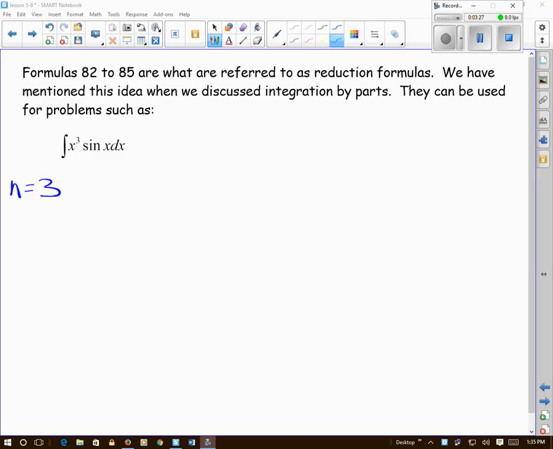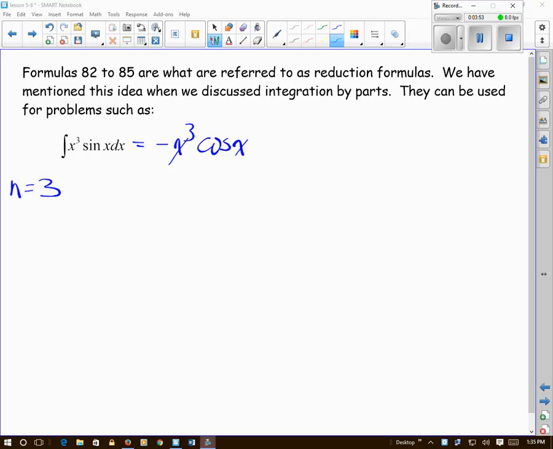So n is 3. So this integral, according to the table then, is negative x to the third, cosine of x. I jumped to the wrong formula. Don't let your eyes wander to the wrong formula.